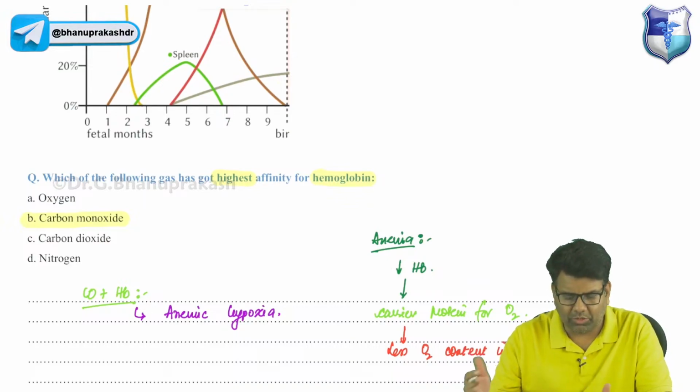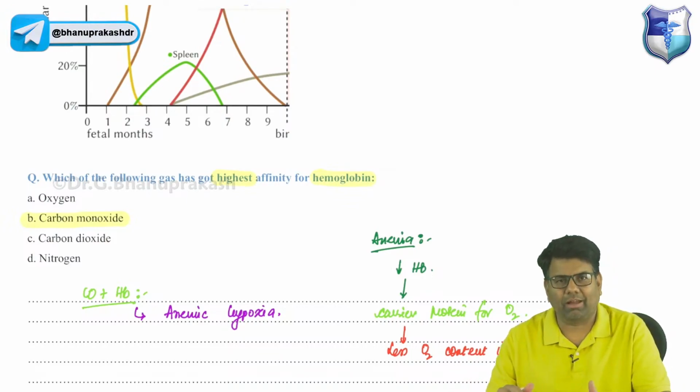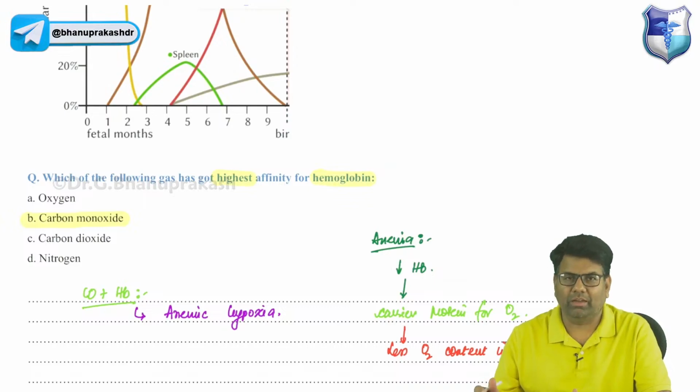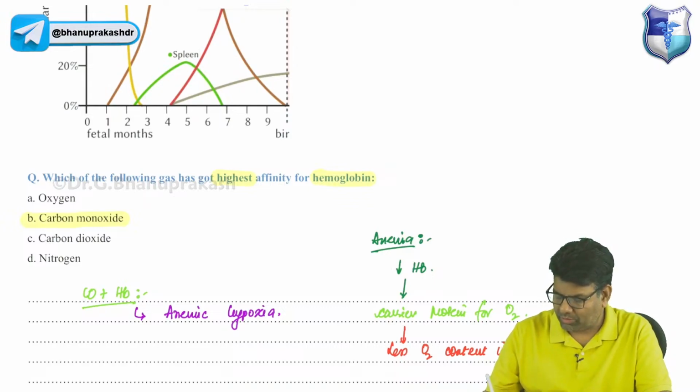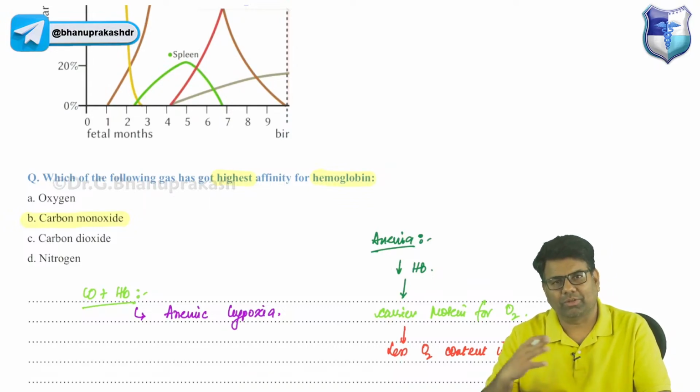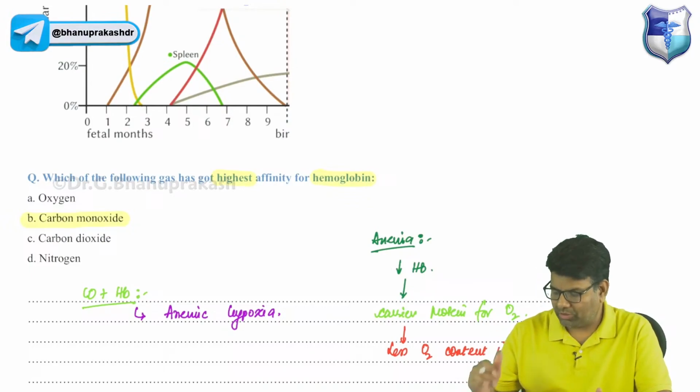Clear? So this is the usual pathology in anemia. Since oxygen cannot travel on its own, the majority binds with hemoglobin. So in anemia, hemoglobin is less, and as a result the content of oxygen in the blood is also less.